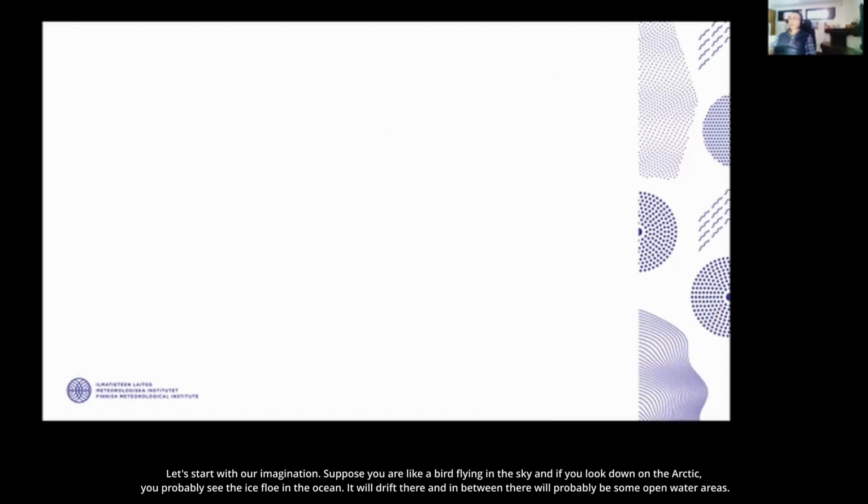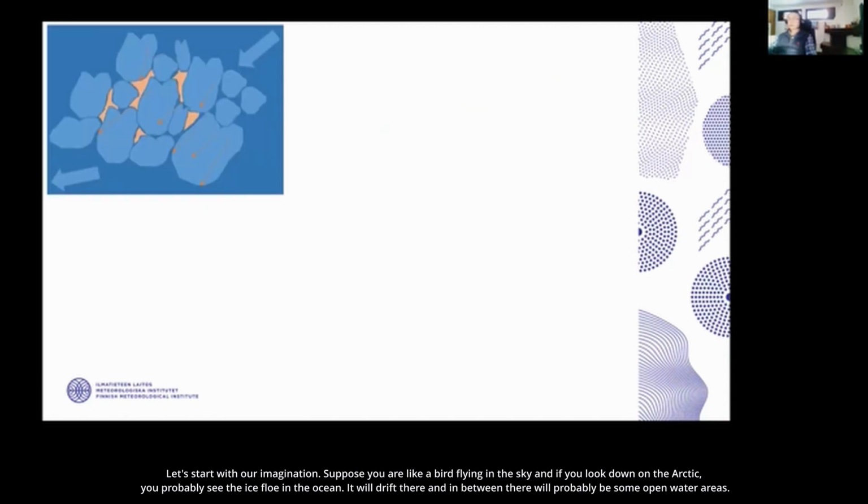So let's start with our imagination. Suppose you are a bird flying in the sky, and you look down at the Arctic. You probably see ice floes in the ocean, drifting there, and in between there will be some open water areas. So this is really what it's supposed to be in the Arctic.